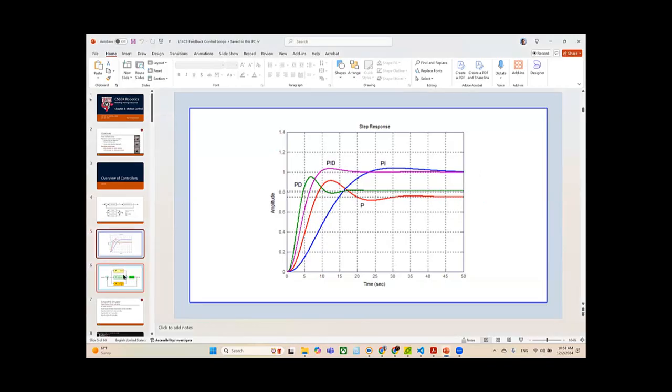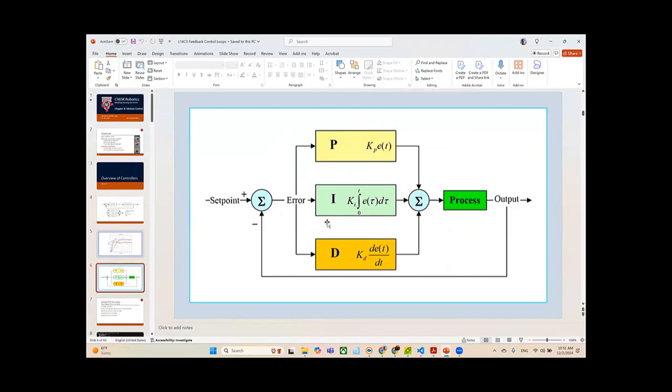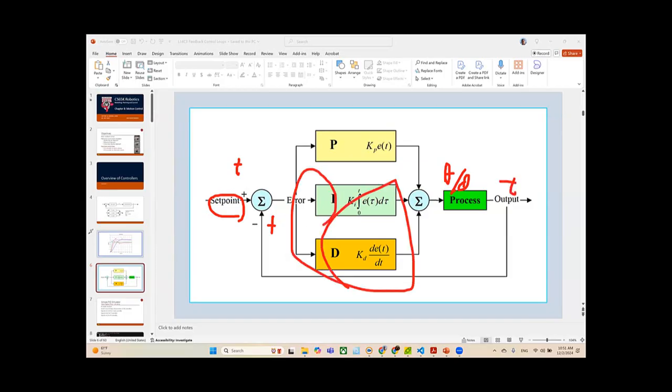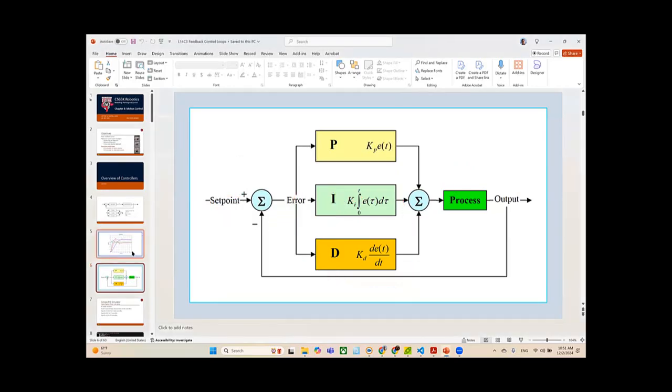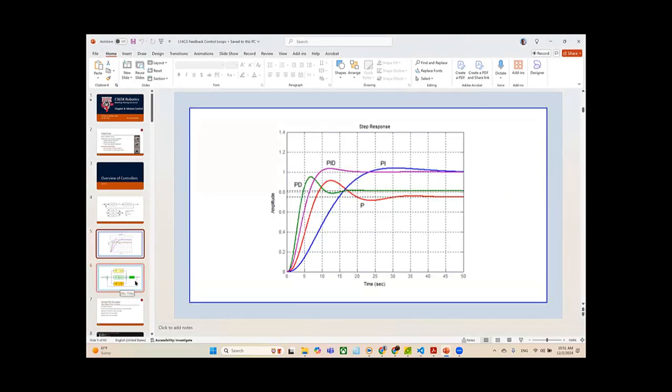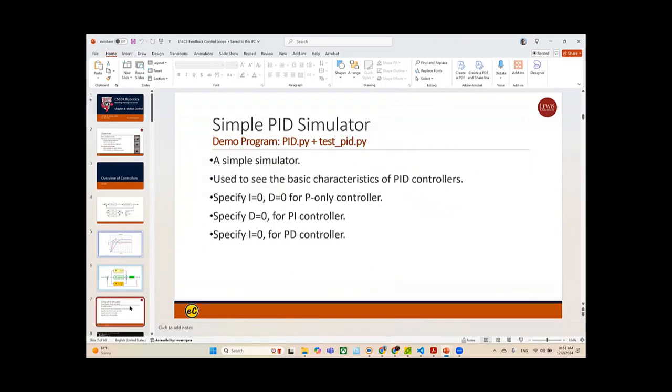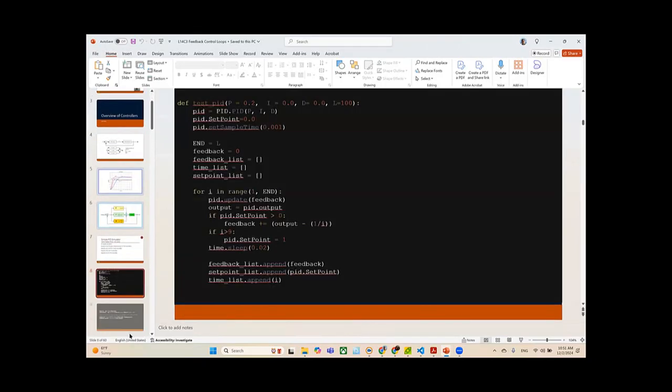The architecture has a summing point: your desired temperature and your current temperature are compared, and that decides the control variable you use to control your temperature. Here you have three types of controller, and each type has a different system response, so we do simulation on the controller design.